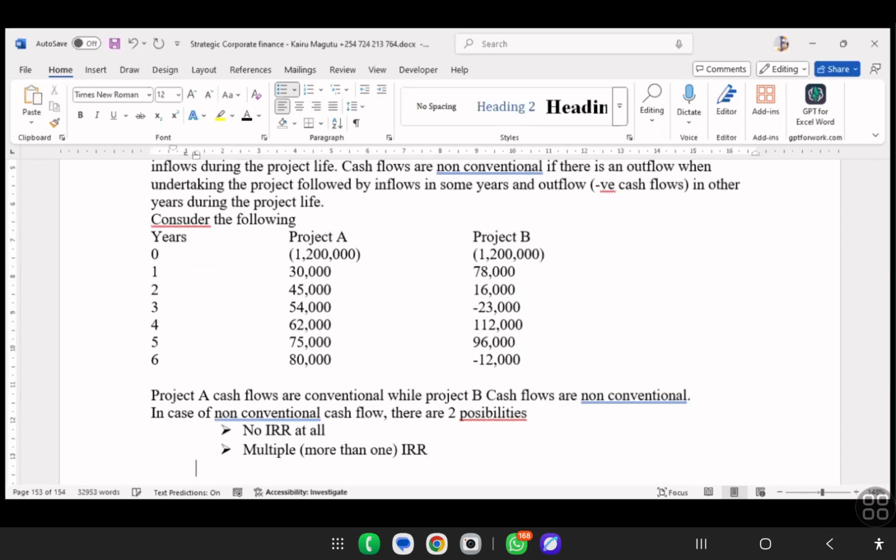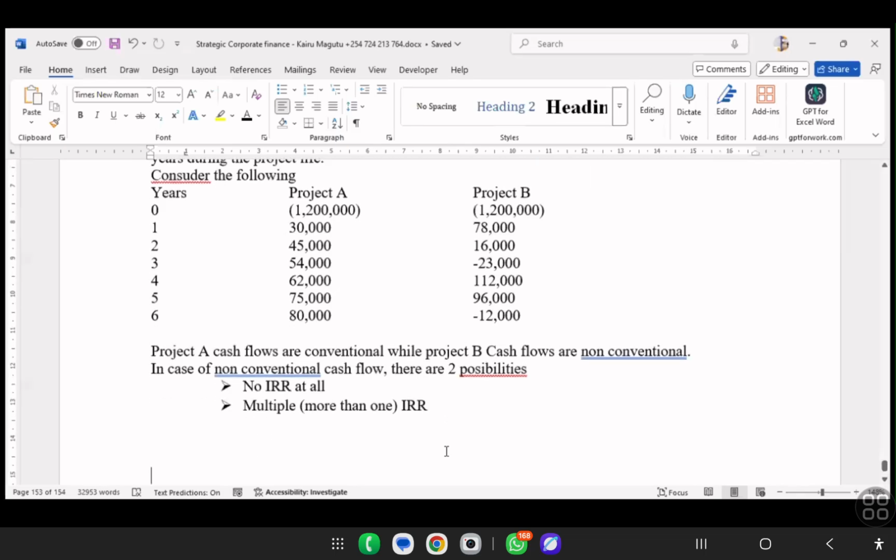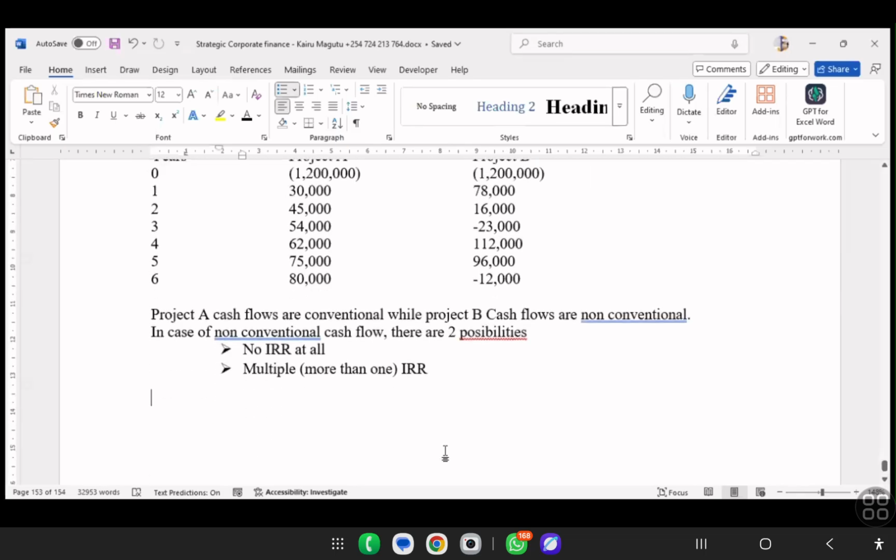So these are the likelihoods. In case of non-conventional cash flow, you are likely to have more than one IRR, meaning you don't even know which one to use. The other possibility is you try to compute the IRR, you cannot compute. There is no IRR. That is what we talk about the non-conventional cash flow. It brings conflict in ranking of the project.